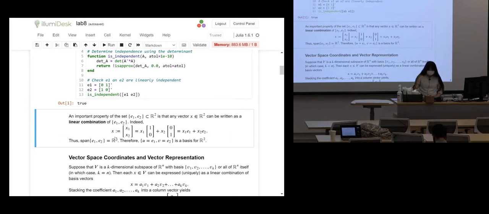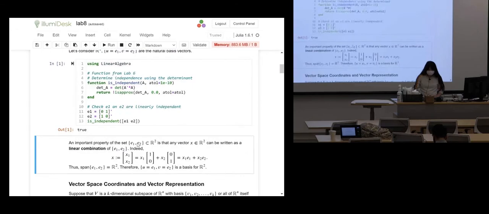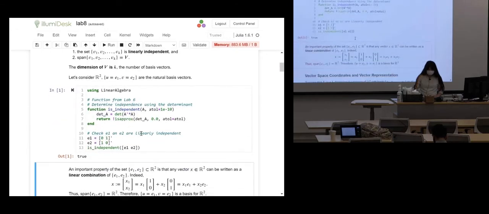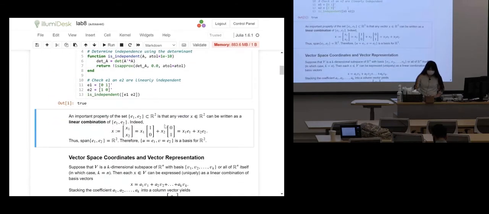So we can see the span of E1 and E2 is the two-dimensional real space. So from those two conditions, we know that those two vectors form a basis for the two-dimensional real space.